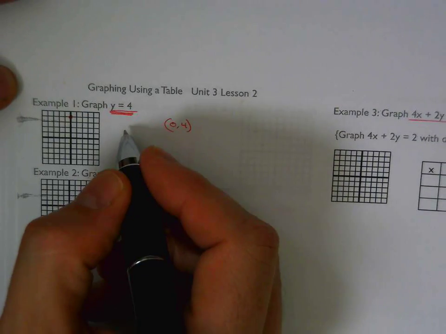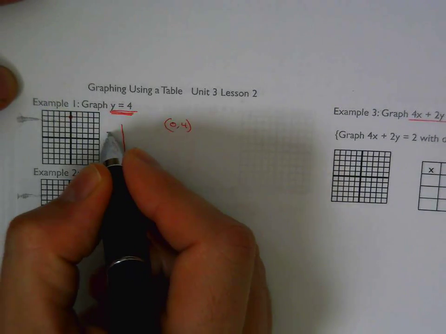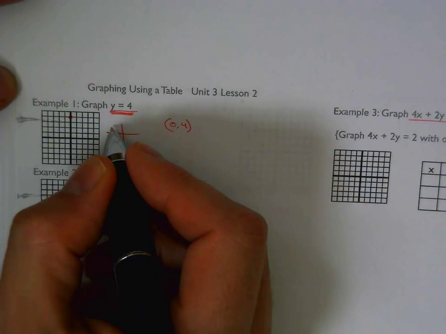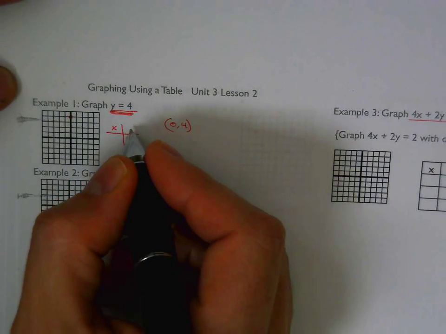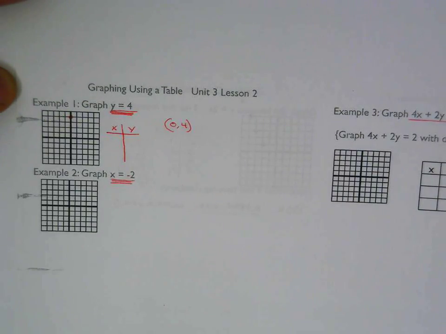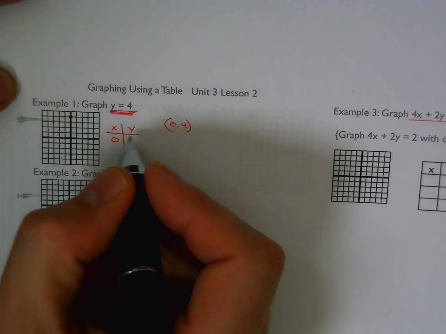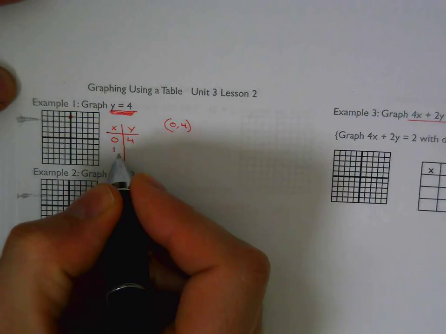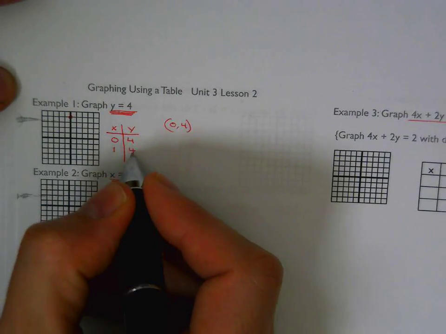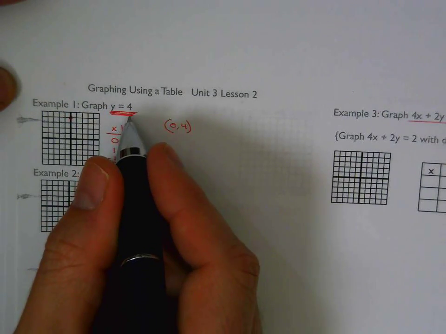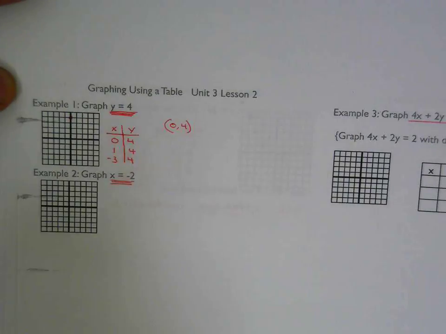A table can help us figure out precisely how to do this. So if we did x and y, well, here's the thing: when x equals 0, y equals 4. When x equals 1, y equals 4. When x equals negative 3, y equals 4. And in fact, for every x value, y equals 4.